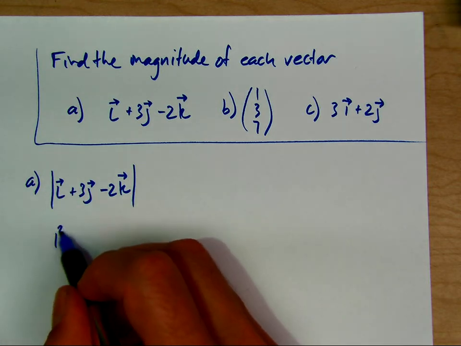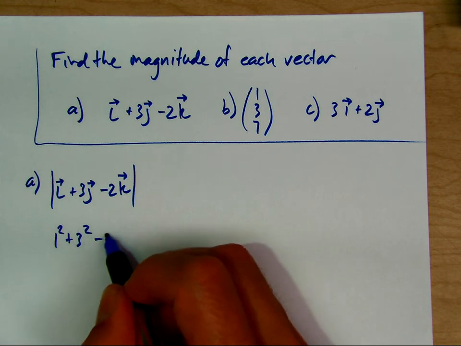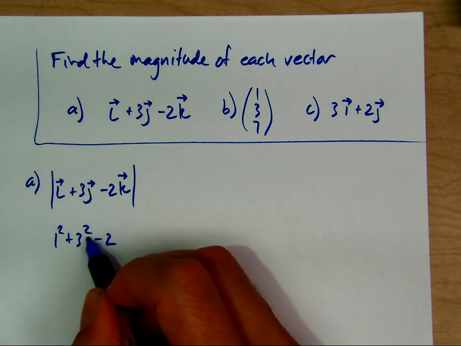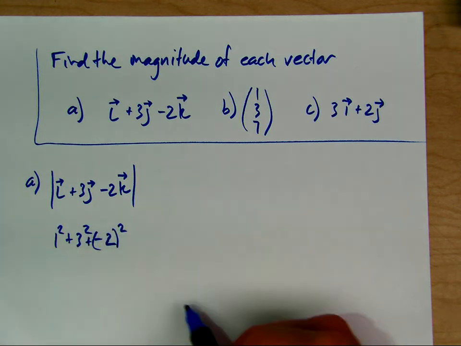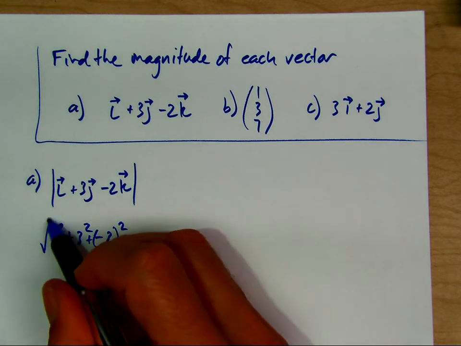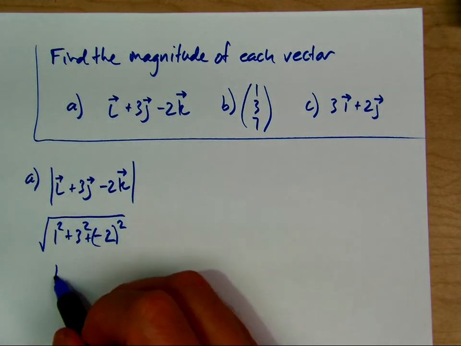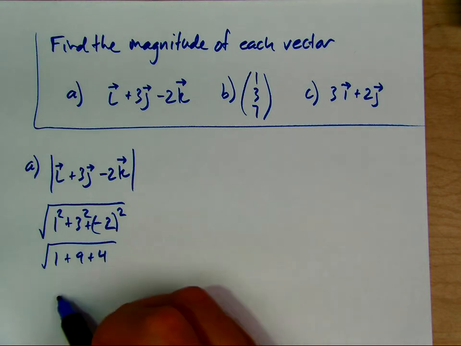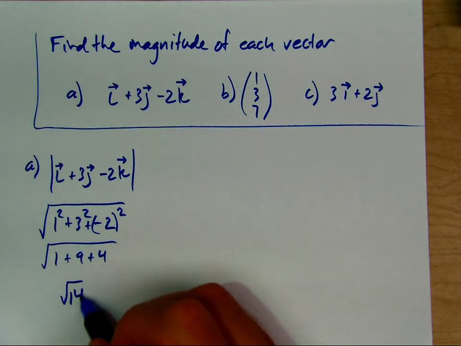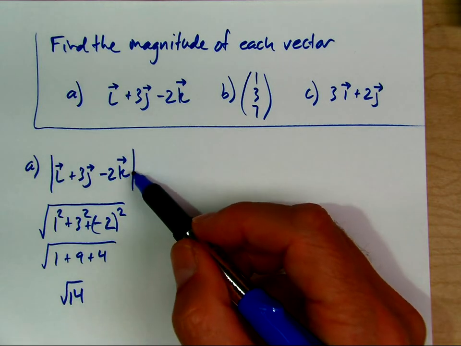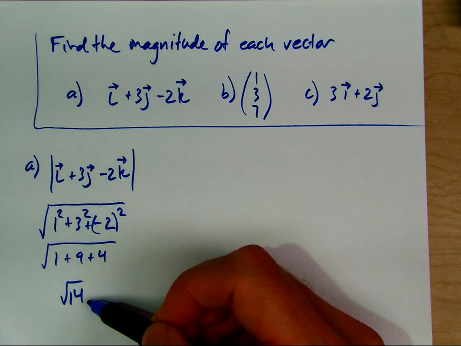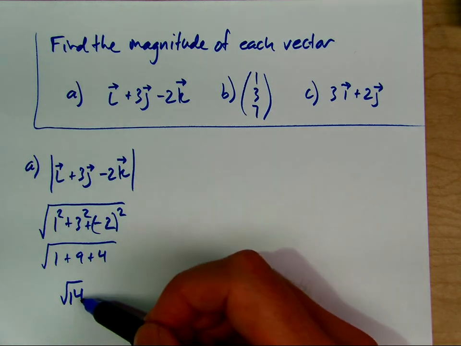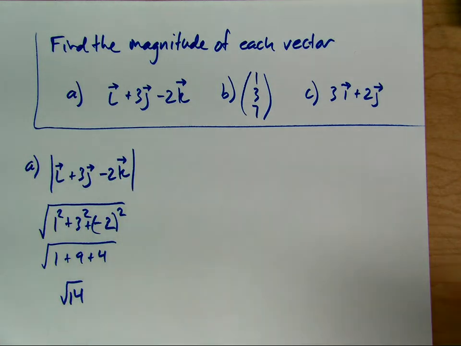So we'll have 1 squared plus 3 squared plus negative 2 squared, square root 1 plus 9 plus 4, square root 14. So the magnitude of the vector is radical 14, and that's also saying it's the length of the vector.